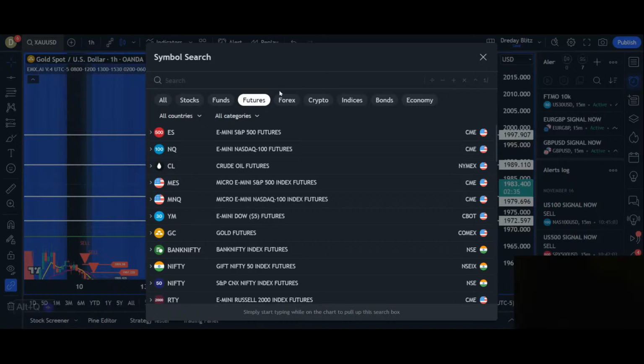Can you write down the handle on TradingView so I could show you exactly which currency you're looking at?